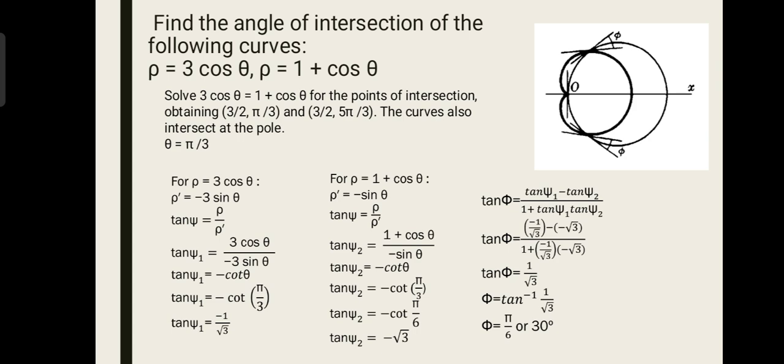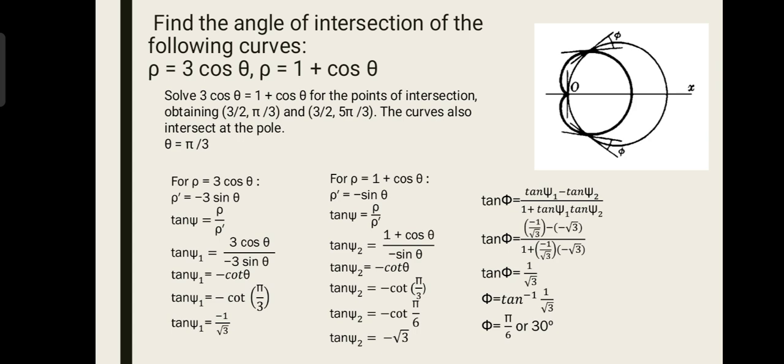Since we have the values of tan ψ1 and tan ψ2, we can now solve for the angle of intersection using the formula tan ψ = (tan ψ1 − tan ψ2) / (1 + tan ψ1 tan ψ2).